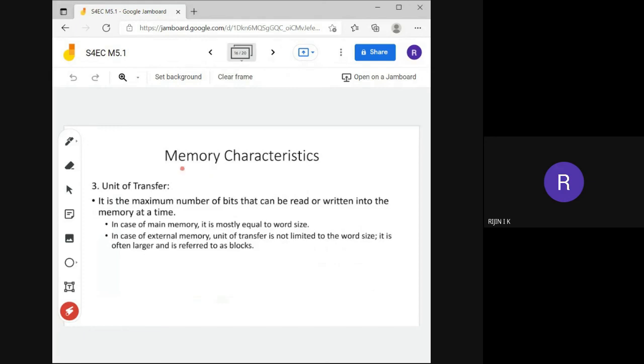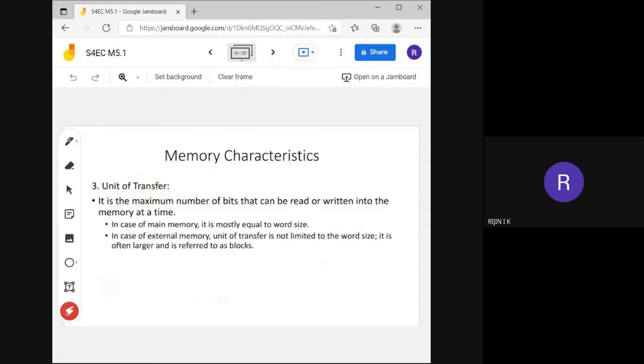Then the next characteristic of memory is unit of transfer. Unit of transfer is the maximum number of bits that can be read or written into the memory at a time.